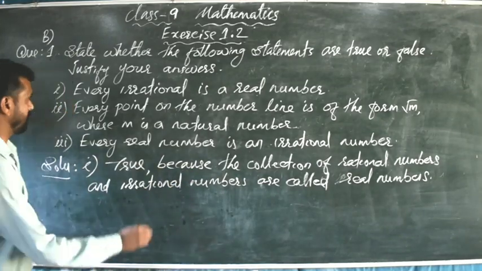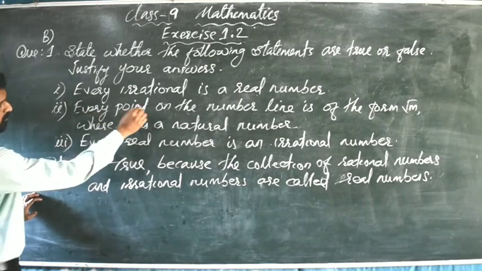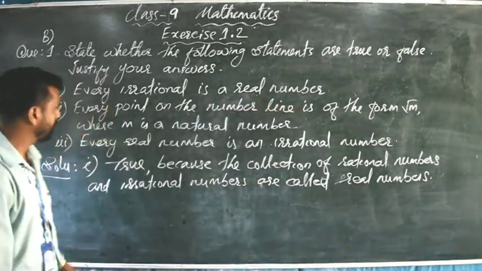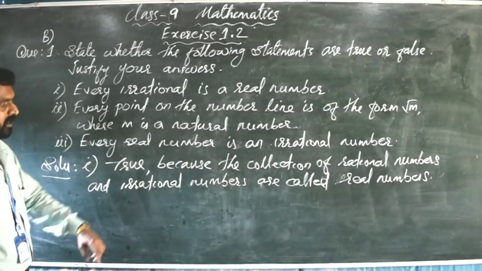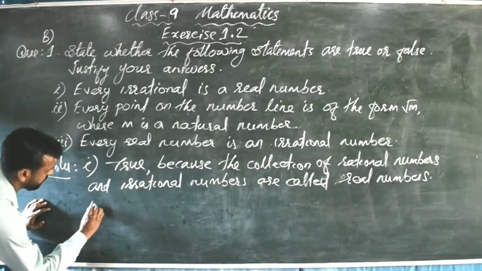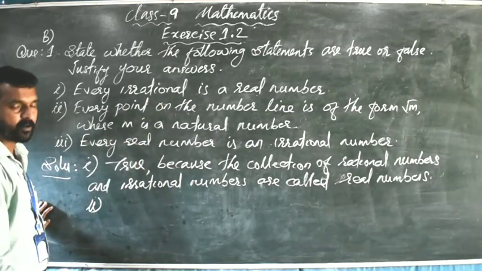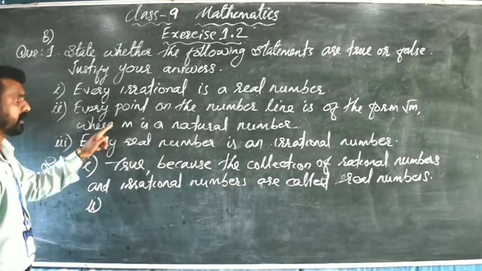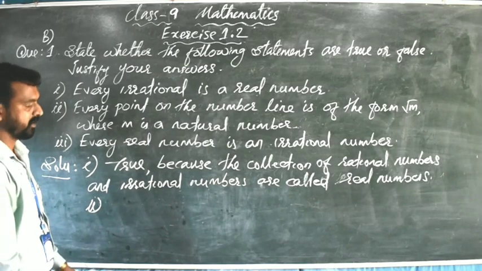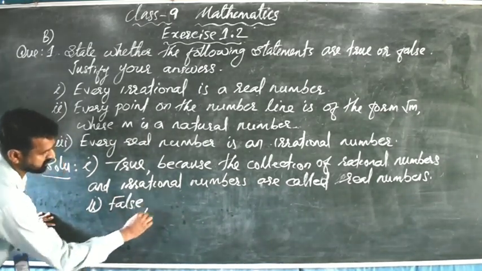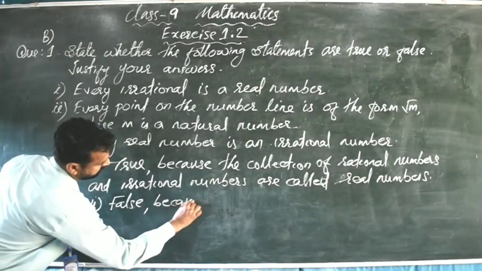Now see question number 2. Every point on the number line is of the form root m, where m is a natural number. That statement is false. What is the reason?